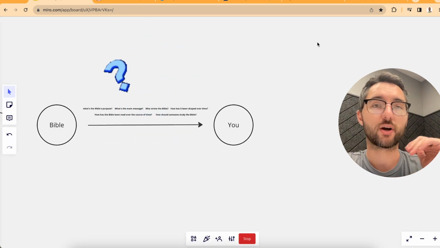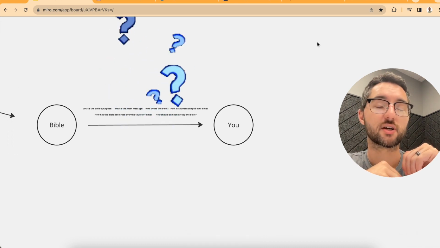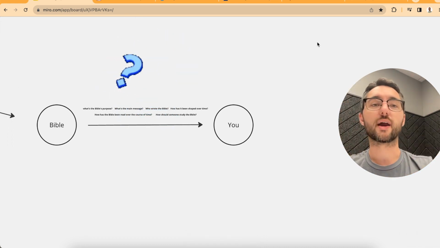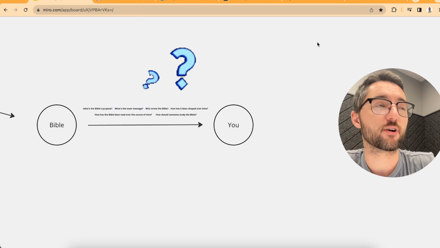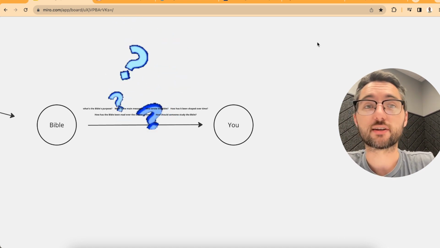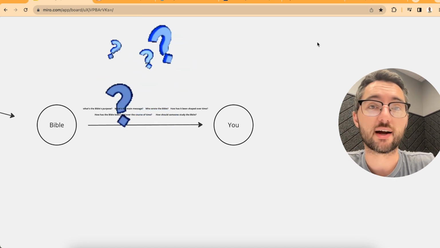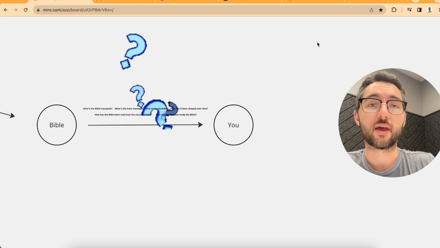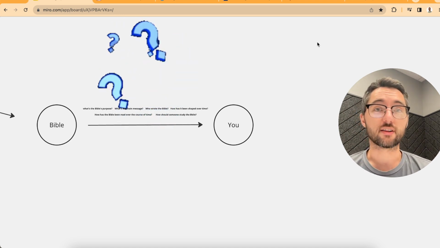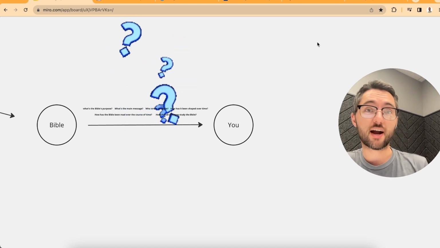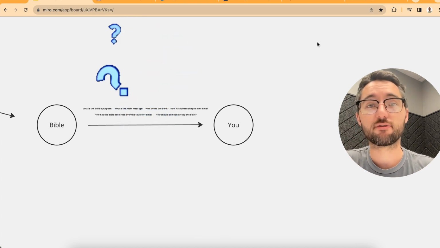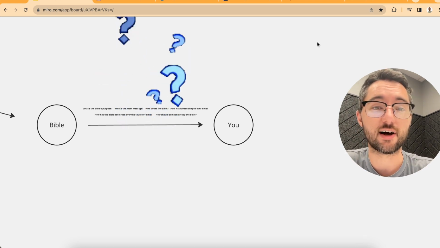And each one of these questions and the answers that we have to these questions is going to affect the way that happens. Now, I firmly believe that the Bible does speak to us, that it's inspired by God, that it is able to mess with our lives and bring us to Christ and point us to Christ and give us life and help us experience His love.